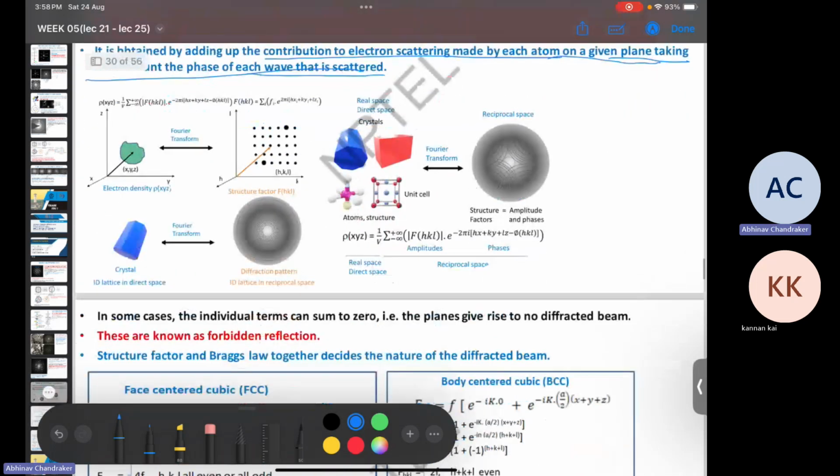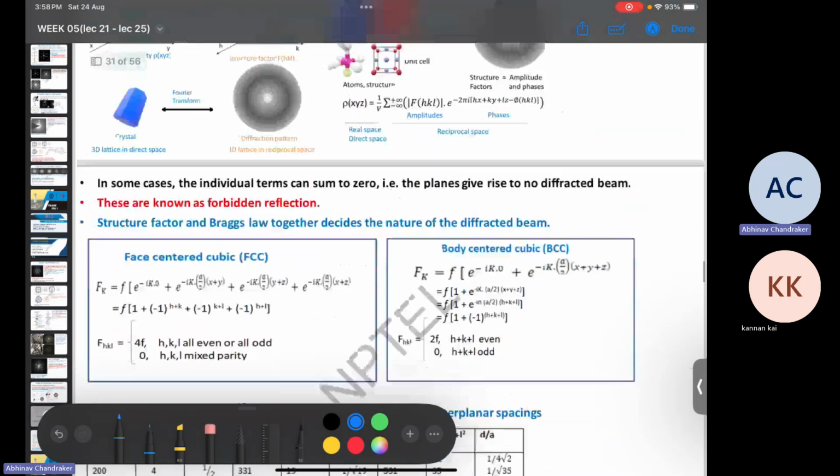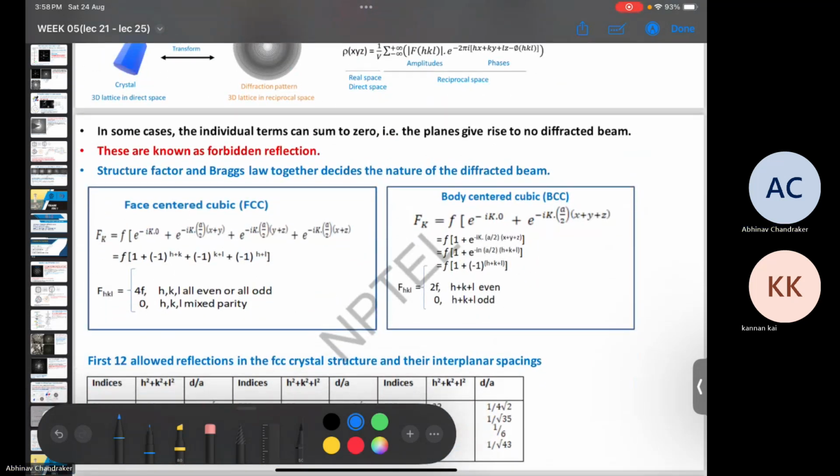And when you do this adding up of contributions from each atom to the intensity of the diffracted beam, then many a time the sum of all these contributions from the atoms will become zero, basically due to destructive interference happening, where there is a phase difference of some finite value, and due to these phase differences all the wave amplitudes cancel each other, so you'll have a zero sum.